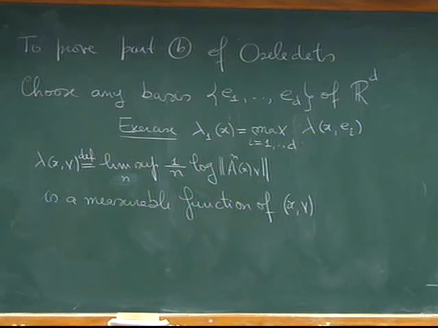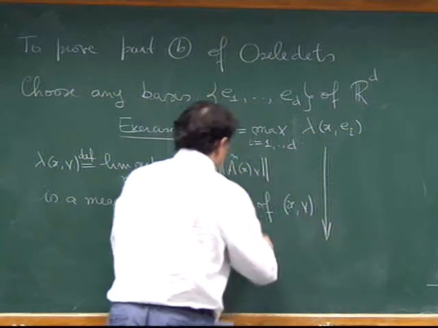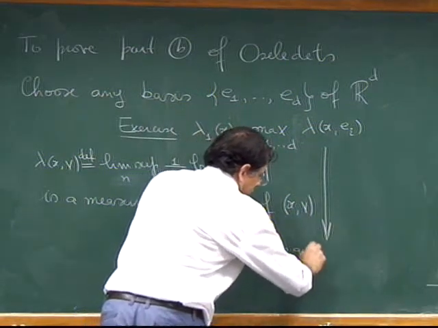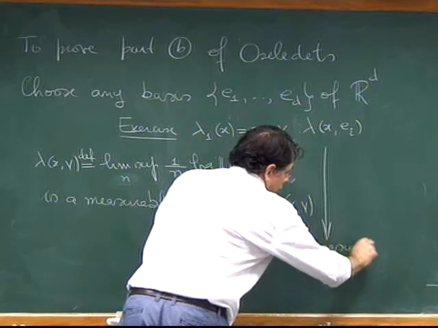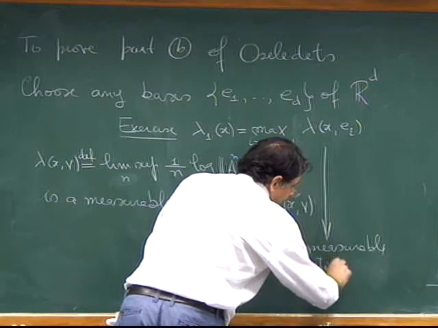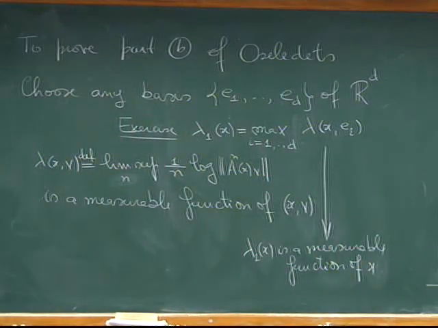So this function is measurable, and so if I take the maximum, lambda 1 of x is a measurable function of x, because it is the maximum of a finite number of functions.